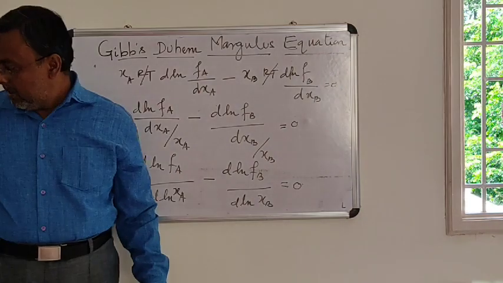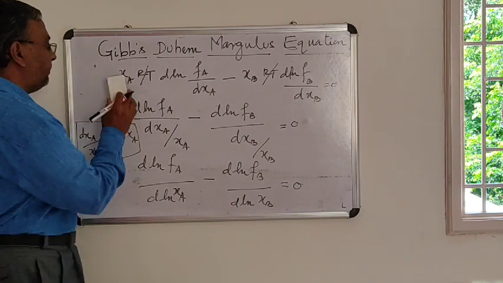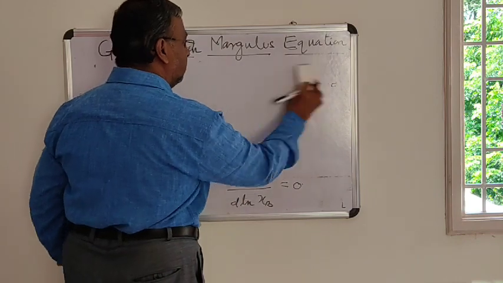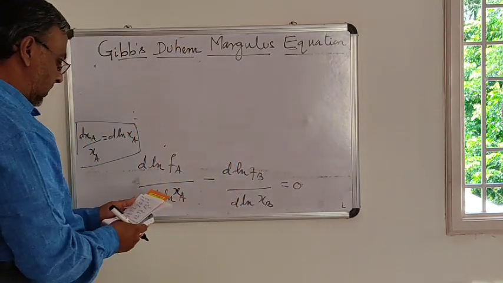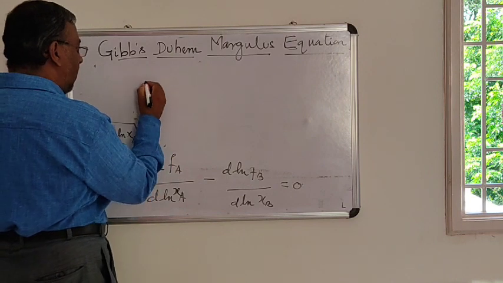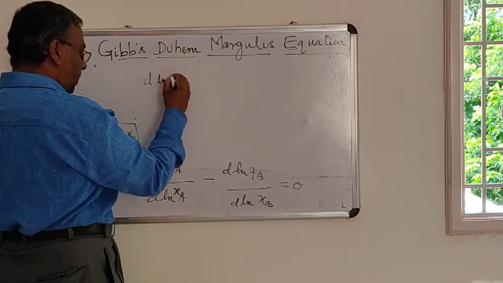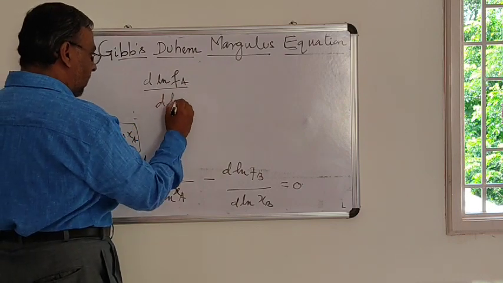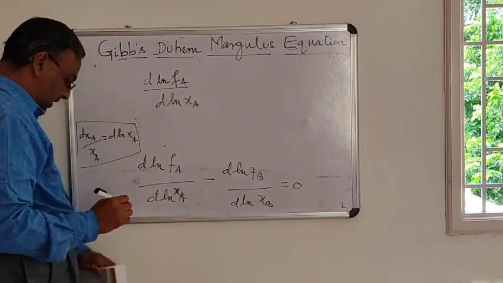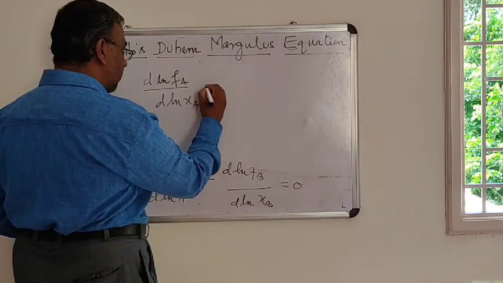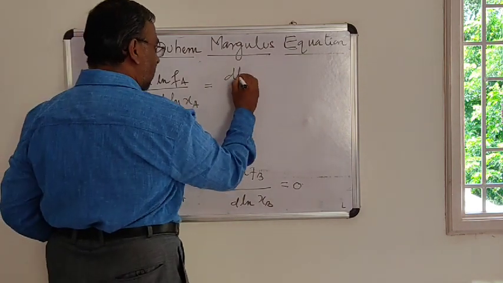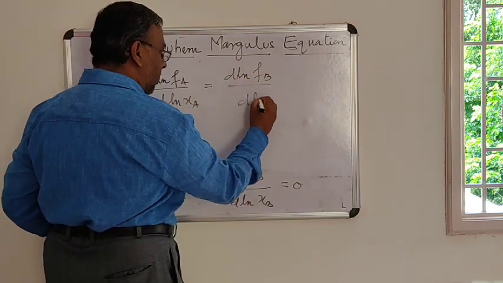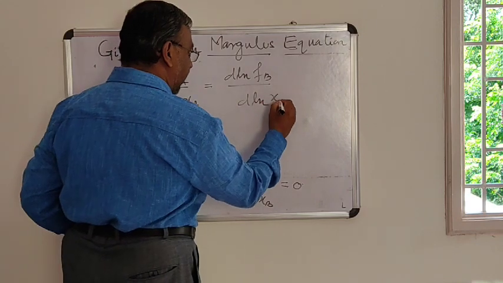Or I can write this equation as d log fa divided by d log xa equal to d log fb divided by d log xb.